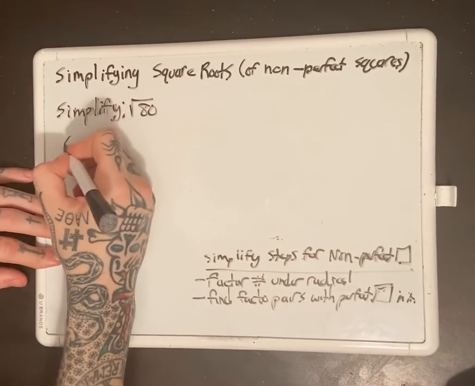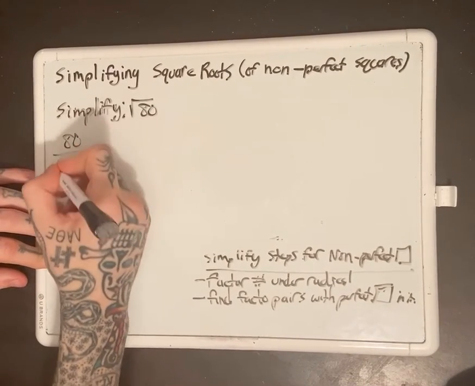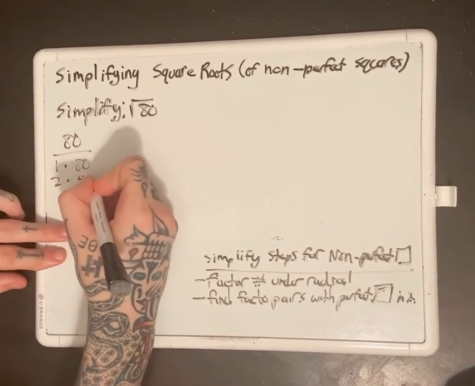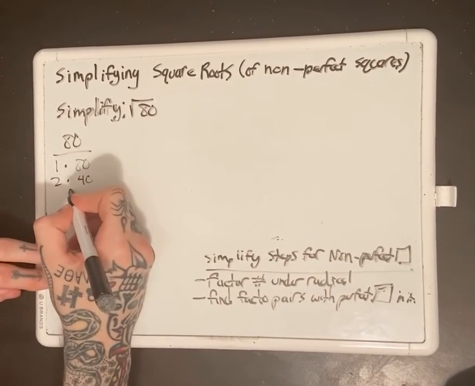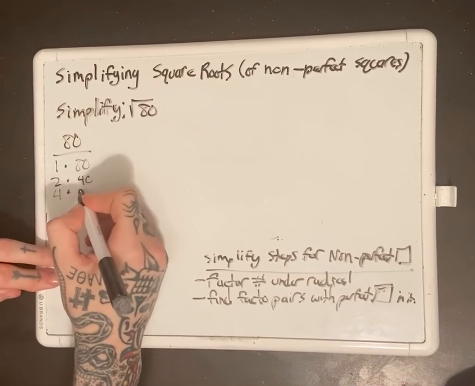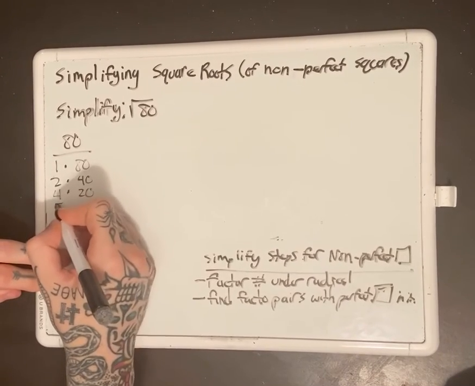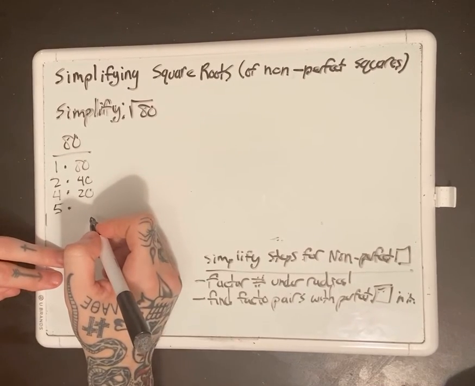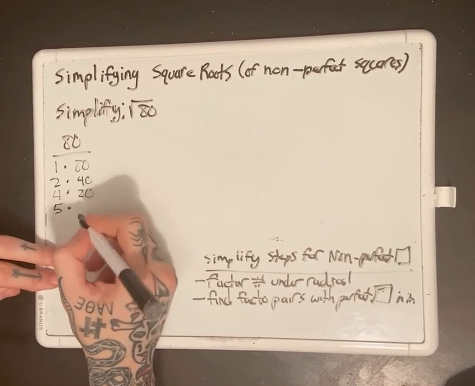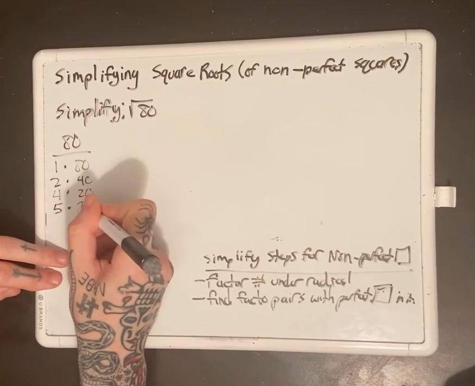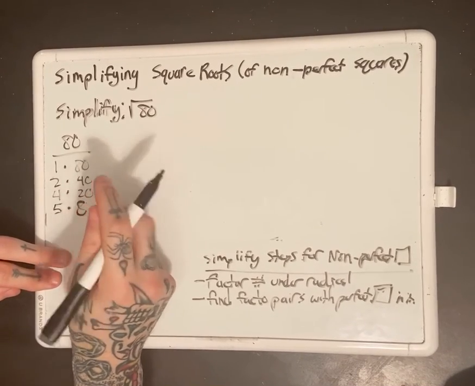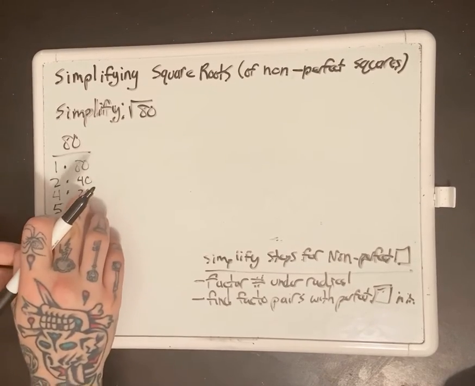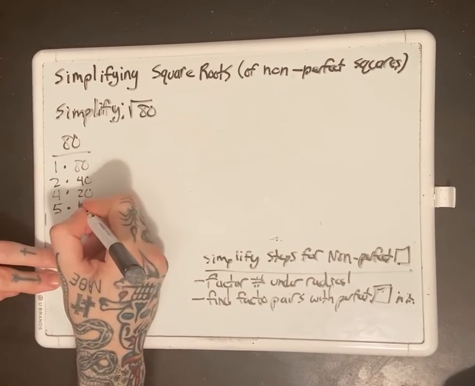What are the factors of 80? 1 and 80. 2 and 40. 3, no. 4 and 20. 5 and, oh, that's 5 and 8. Oh, sorry, 5 and 16.